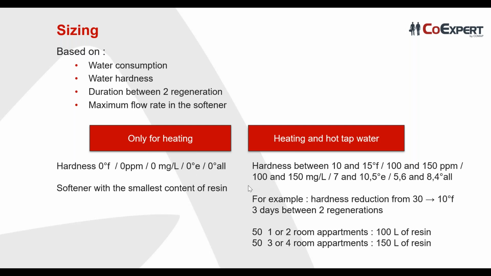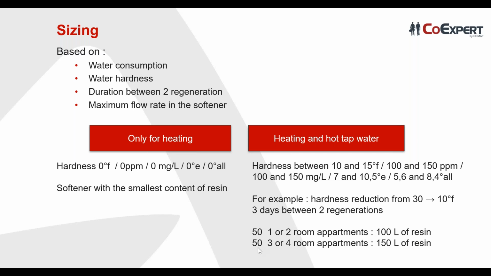For example, if we want to size a softener with a hardness reduction from 30 to 10 French degrees, that means a 66% reduction of the hardness. If we also want 3 days between the 2 regenerations, that means for 50 apartments, so 1 or 2 room apartments, it will be necessary to buy a softener with 100 liters of resin.